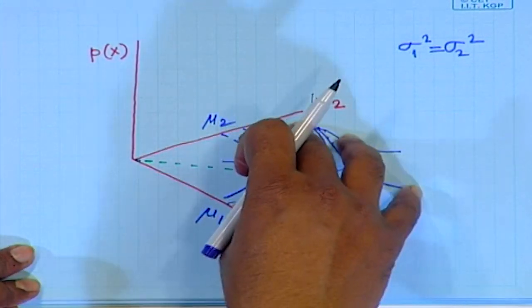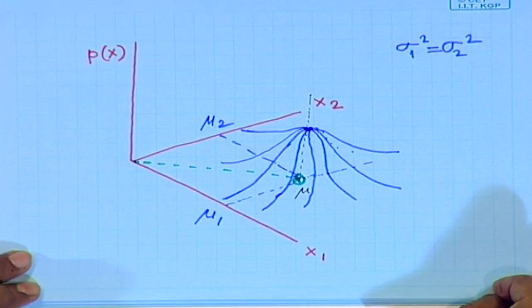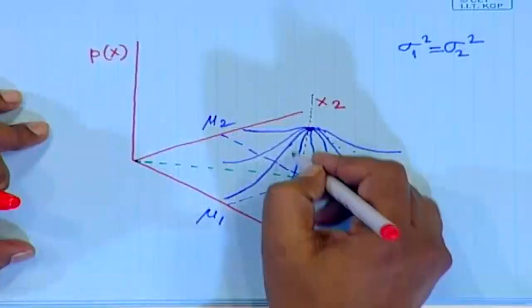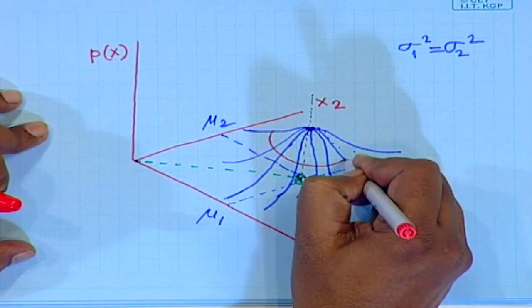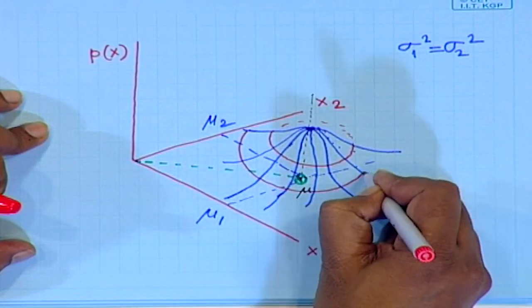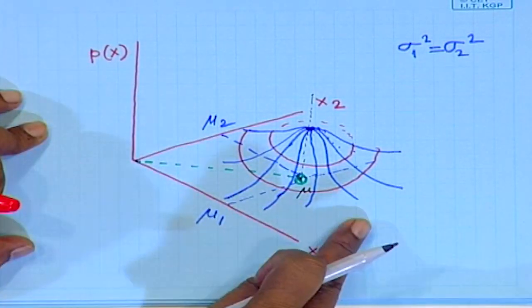Now, given this surface of this bivariate probability density function, if I now try to trace the loci of points of constant density, that means all those values of x for which Px is constant. Okay. So, those loci will be nothing but circles. Something like this, because along this value of Px will be constant.